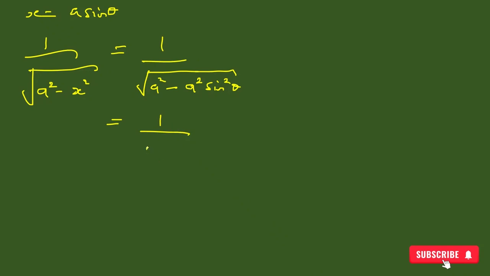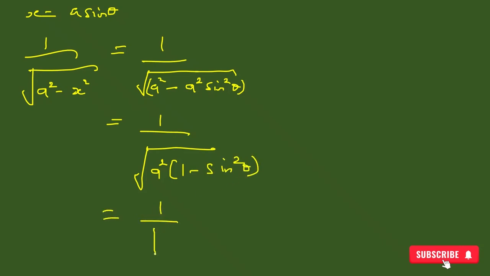1 over square root. If you look at what is in the bracket here, there is a common factor, which is a squared. When we put it out, we remain with 1 minus sine squared theta, which is equal to 1 over square root of a squared. There is an identity relating cos and sine. So 1 minus sine squared theta is the same as cos squared theta.